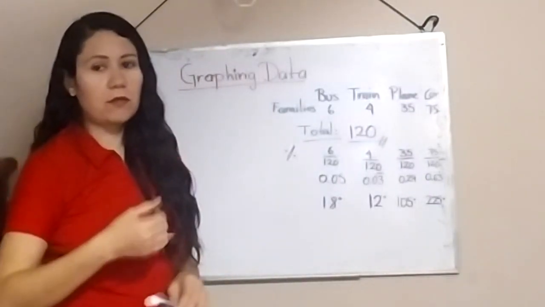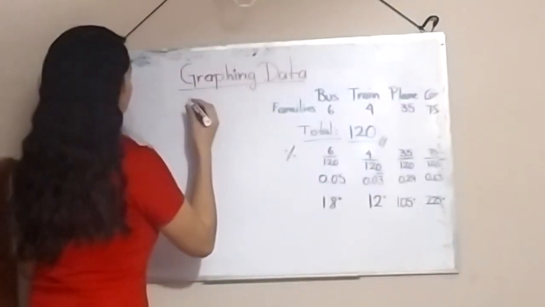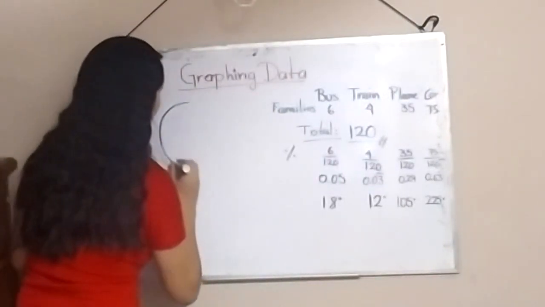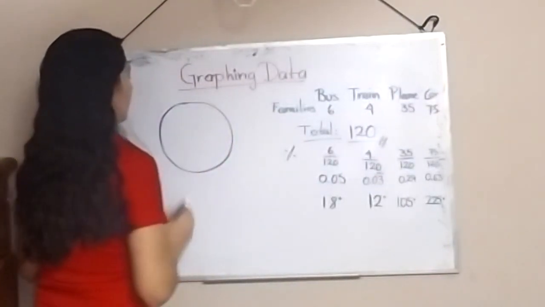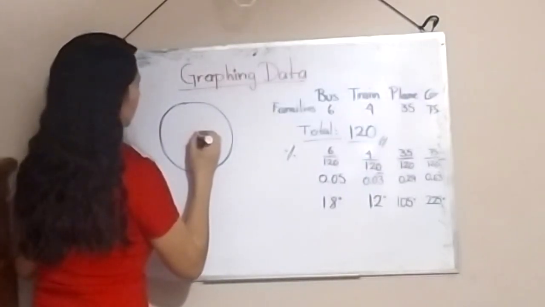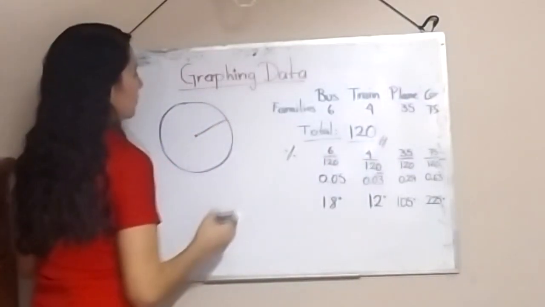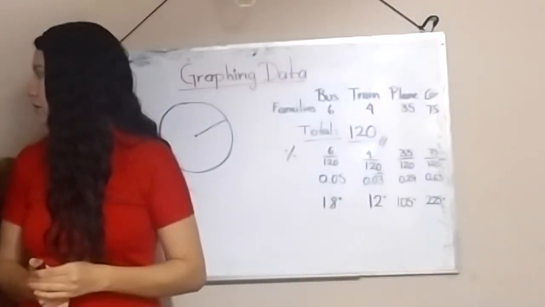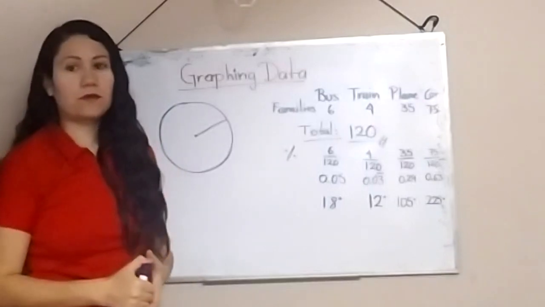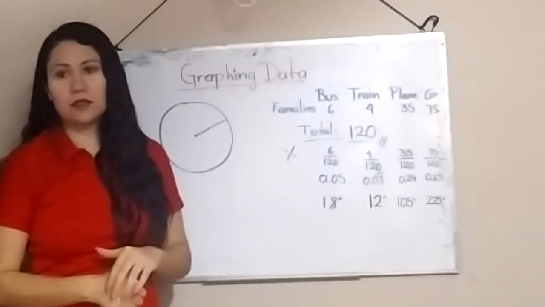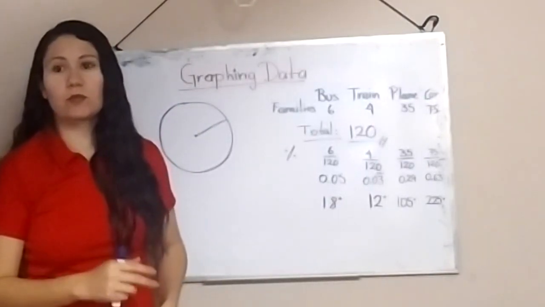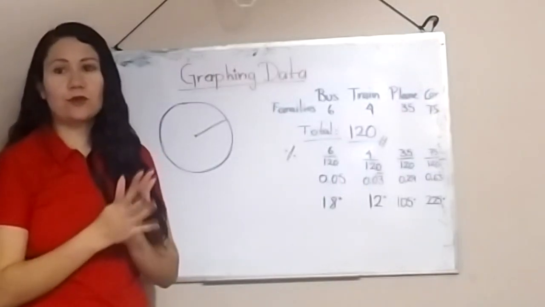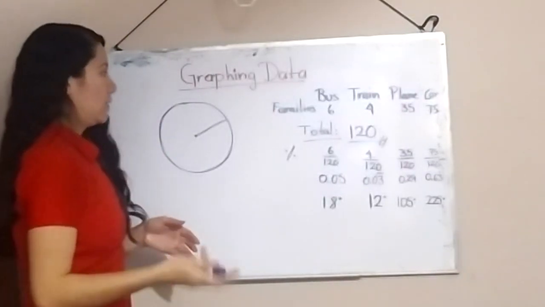Now, our next and last step is to draw the circle. You should use a compass, and include a radius. And from this radius we will start using our protractor to measure the degrees.